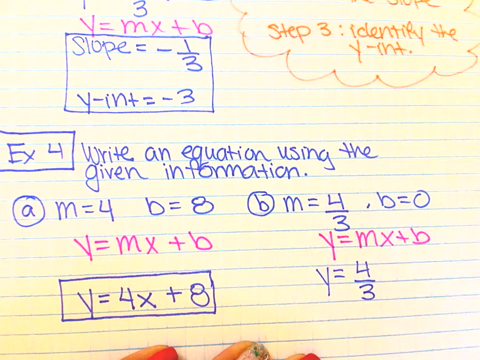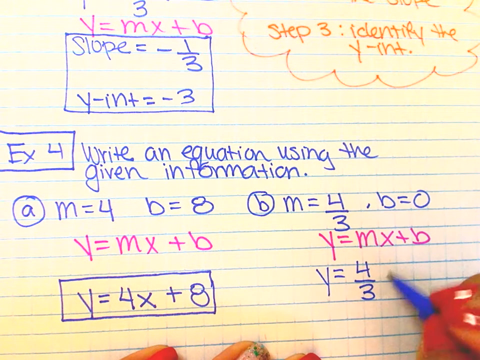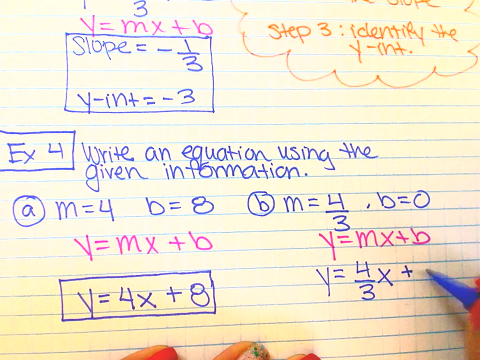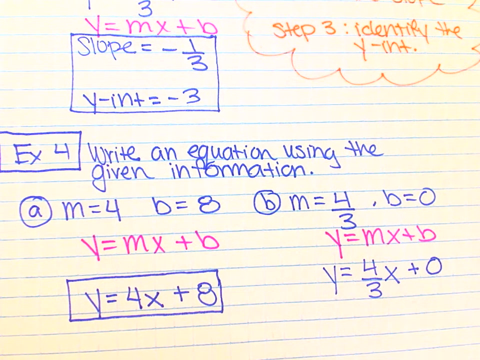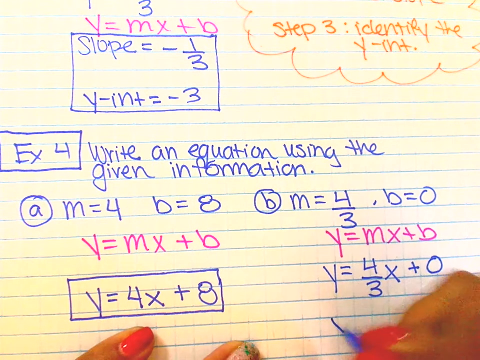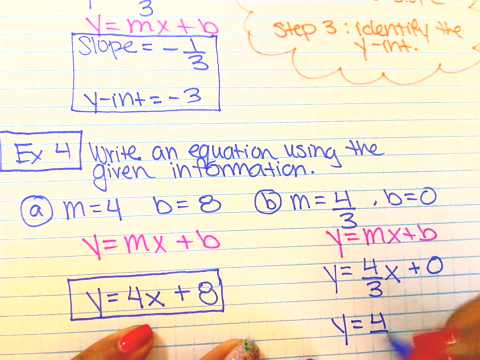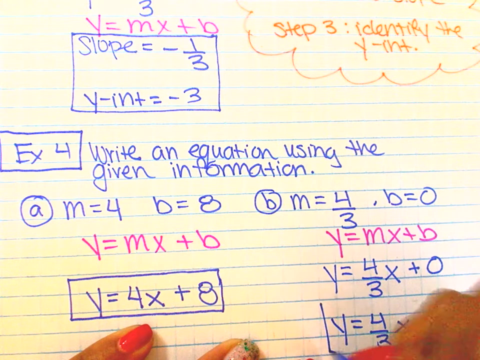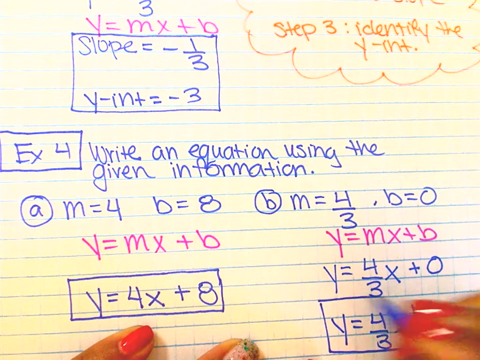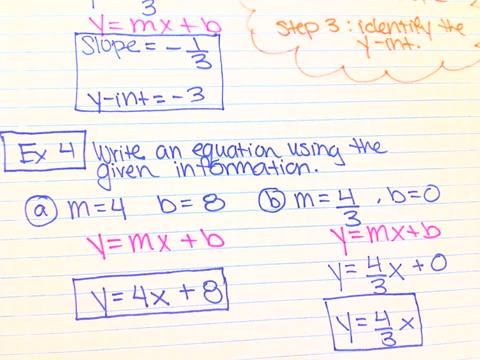That's the information they gave us. Bring down my x, plus 0. Looks kind of funny. When you write this equation, plus 0, you do not need it at the end. Drop the 0. So your final answer is y equals 4/3 x. Just like that.